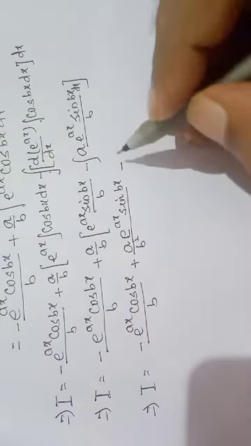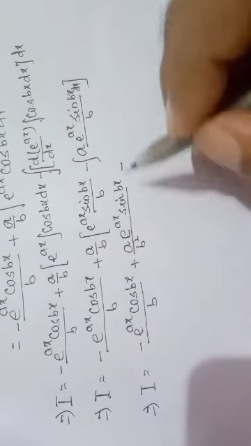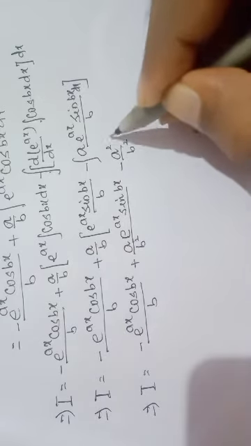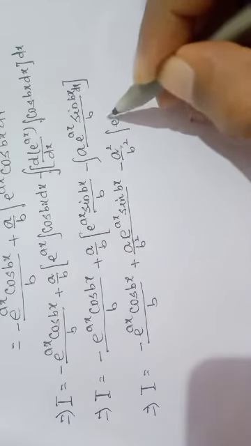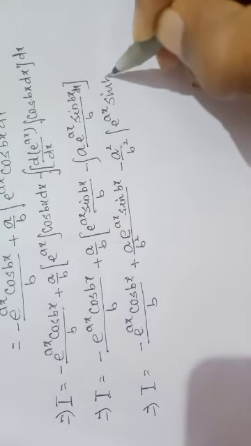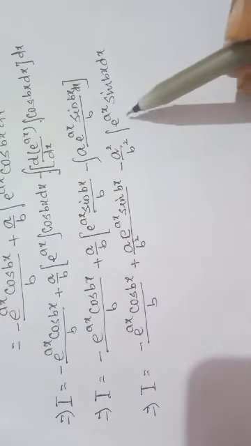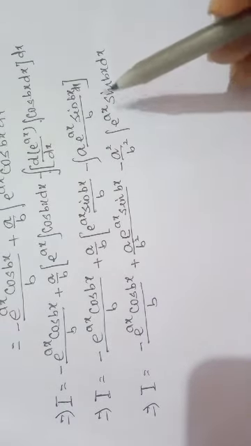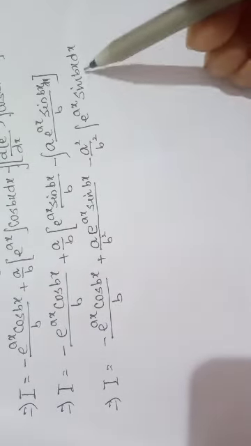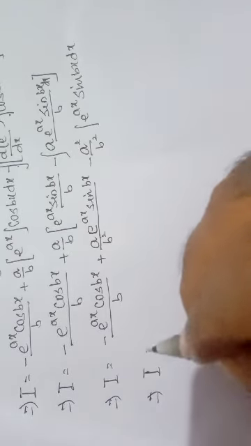So minus a upon b multiplied by a upon b gives a square upon b square into integration of e to the power ax sin bx dx. This again comes to our question, this will be I.